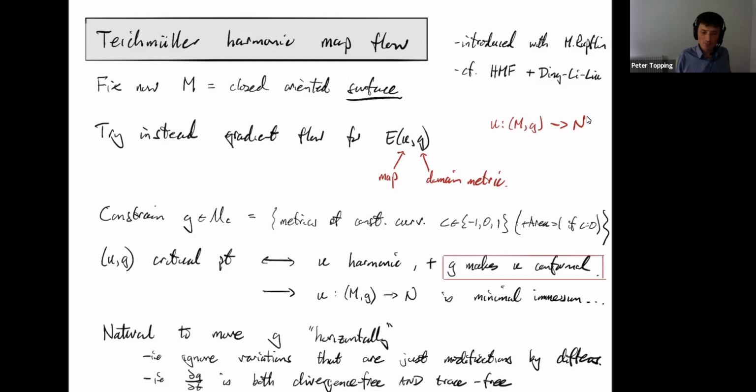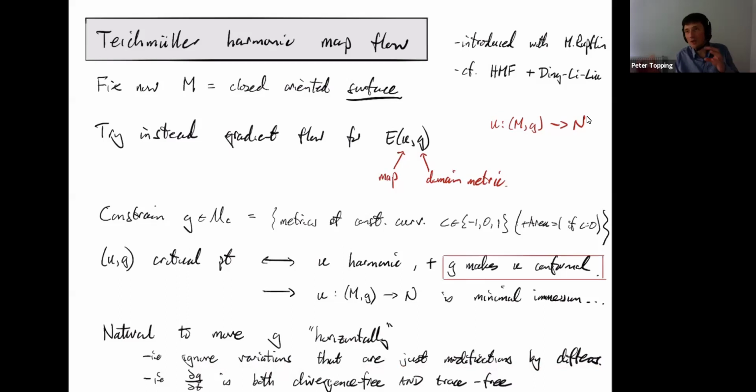So we want to do a gradient flow for this, which is going to involve U and G. And we make another little simplification, which is probably best explained by just saying that we're going to move G horizontally. So what does that actually mean? It means that we're going to move G, so of course we stay constant curvature, but we're going to ignore the infinite dimensional space of variations which are not really changing the metric.